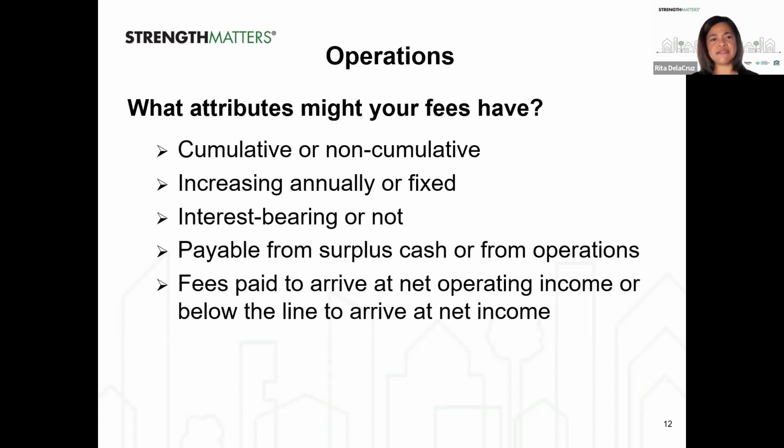The other thing that is not here that I wanted to add is, is there a cap on these fees? You have to know if there's a certain cap that you could accrue or pay. I've seen fees where it would say the total of the property management fee, assuming the management agent is a related party, the total of the property management fee, partnership management fee, or any other fees payable to the general partner should not exceed, say, 10% of your total cash receipts for the year.